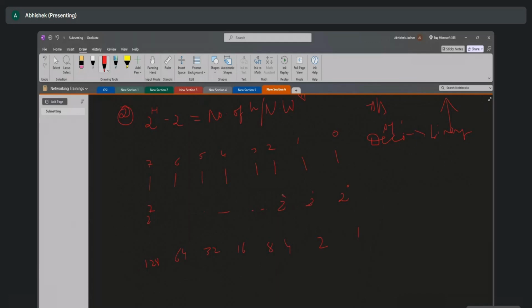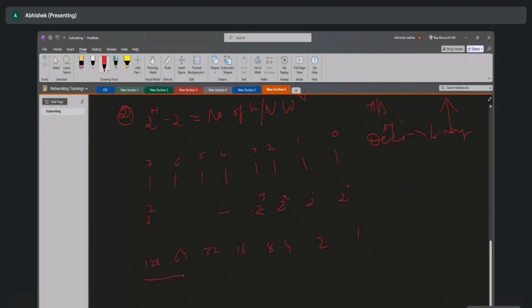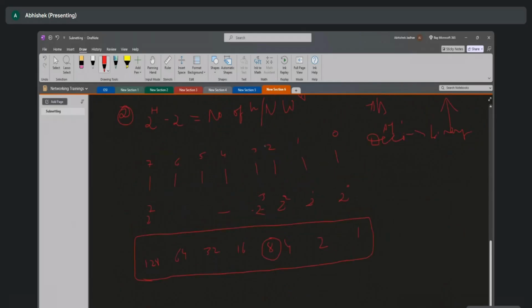how many network bits you can take in order to create 8 subnets. Now from this, where do you see 8? This position, right? So when you see 8 over here, and our job is to find out how many network bits you can borrow from the host bits for creating 8 subnets, we have everything from this particular calculation.